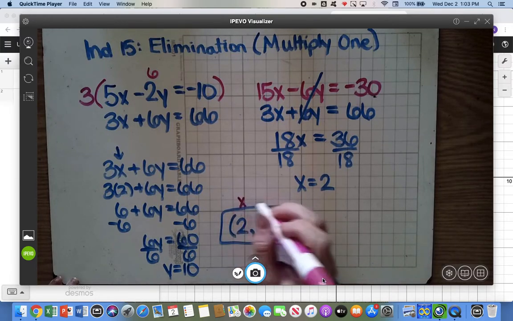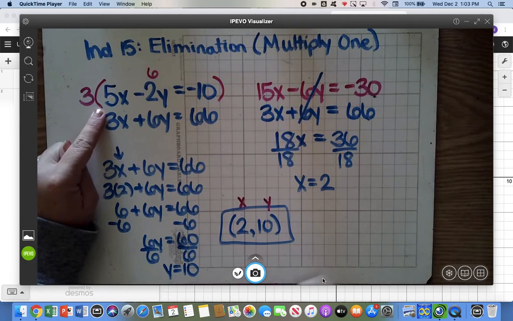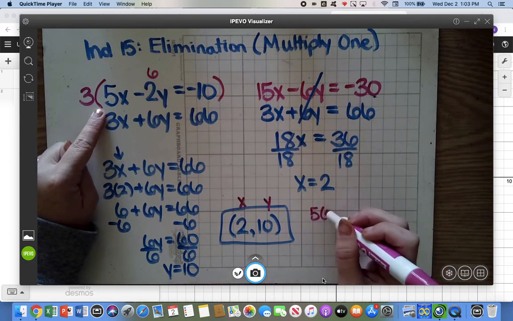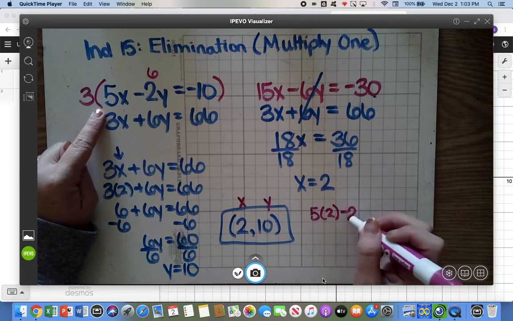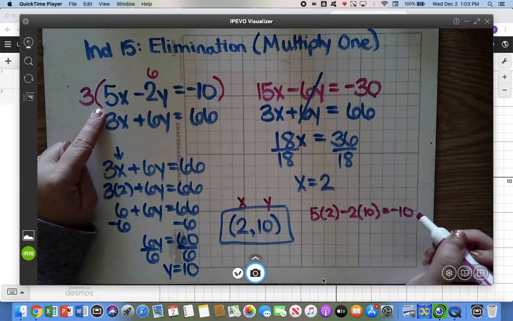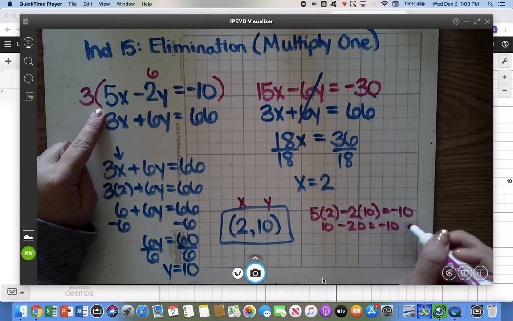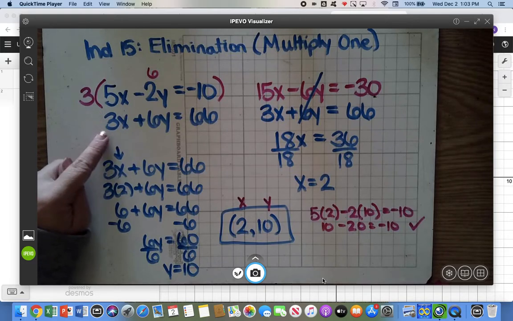If x is 2 and y is 10, you could simply plug these in and see if it works. So I want to know, is 5 times x, which is 2, minus 2 times y, which is 10, is that equal to -10? Is 10 minus 20 equal to -10? Absolutely. All right, now try it on the bottom one.